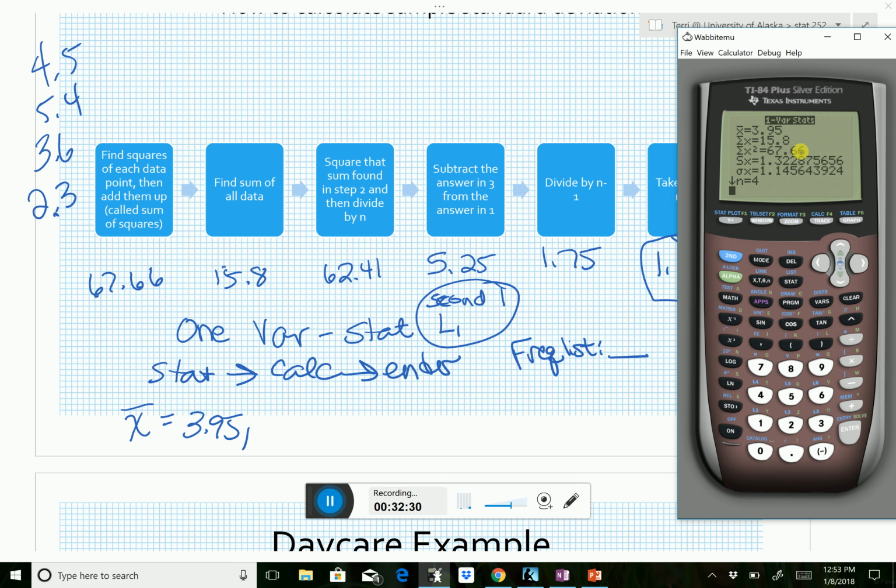That's what we found. Now this sigma we'll talk about in just a minute, n equals 4. It gives me the minimum, the first quartile, the median, the third quartile, and the maximum. We'll talk about some of those later, but you'll notice this median of 4.05, which is what we found before.